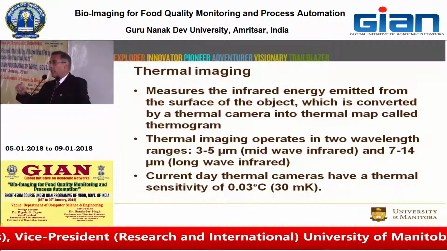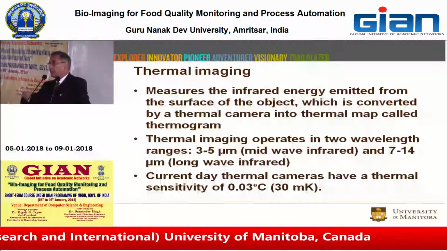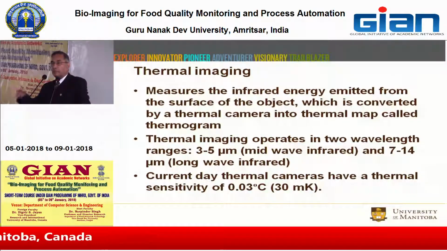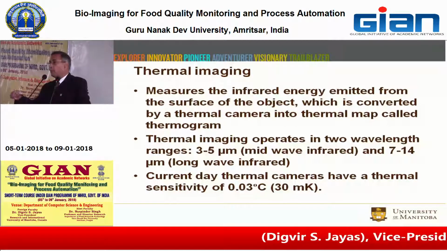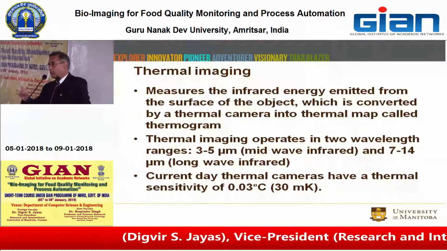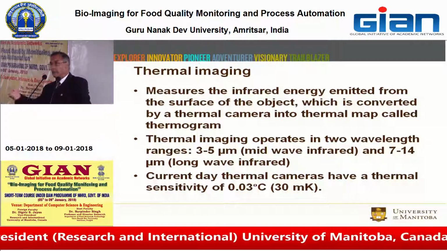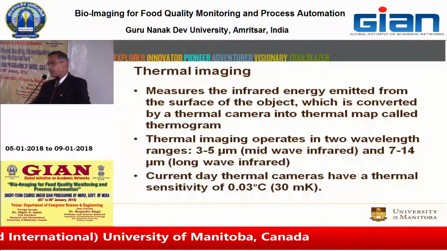Even if it was a half a degree centigrade difference, you could detect that because of the camera sensitivity being such a low 0.03. Theoretically, even a 0.1 degree temperature difference between two objects could be detected because of such high sensitivity.